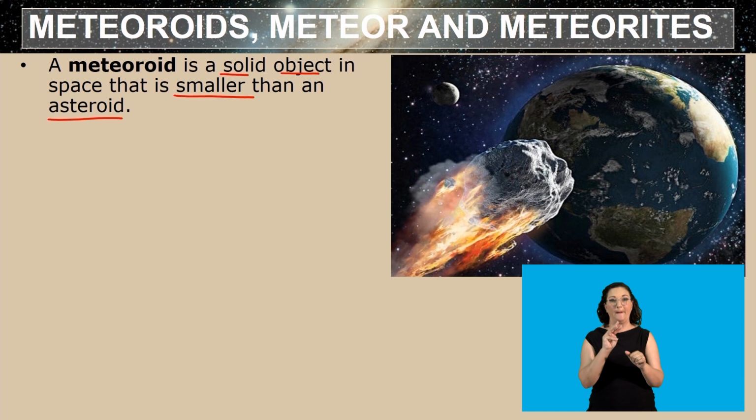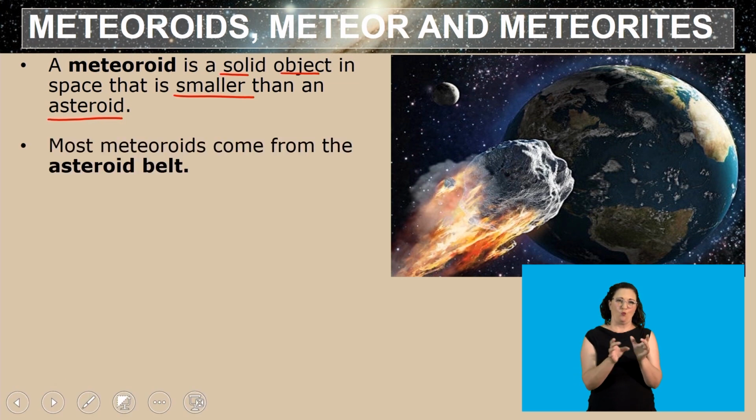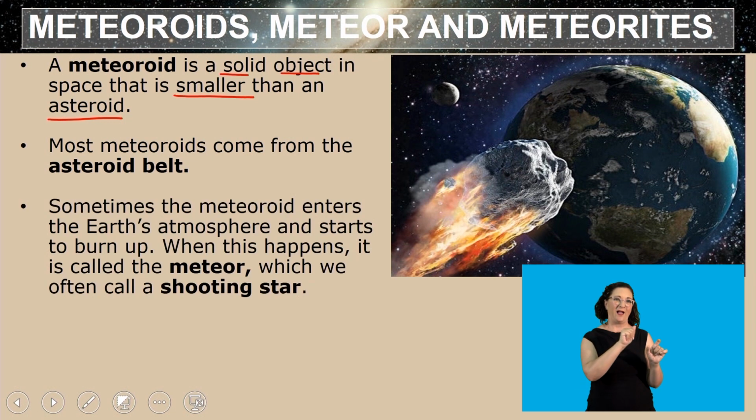The meteoroid is smaller still, so we cannot refer to it as a planet either. These meteoroids come from the asteroid belt, which we already know from our previous slide.